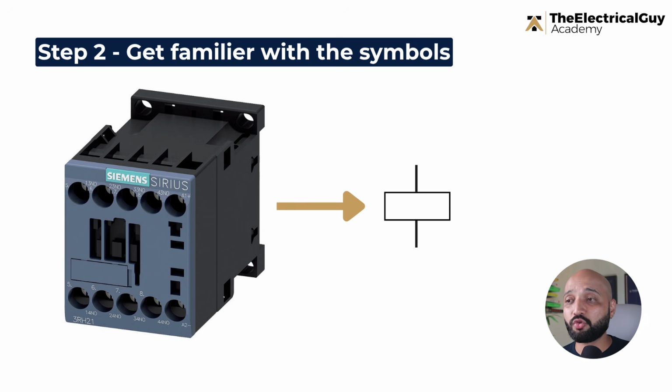And if you show the actual image of the component, then it becomes very complex because you cannot fit everything on one paper basically. And the look of the components may change from manufacturer to manufacturer, and then it will become really confusing what this device is. So instead of that, we use a standard symbol to represent the different components. For example, for the contactor, we use the symbol that you see on the screen.